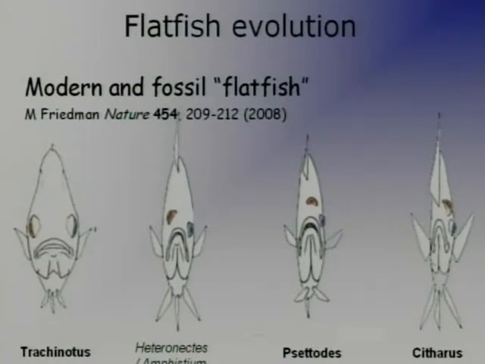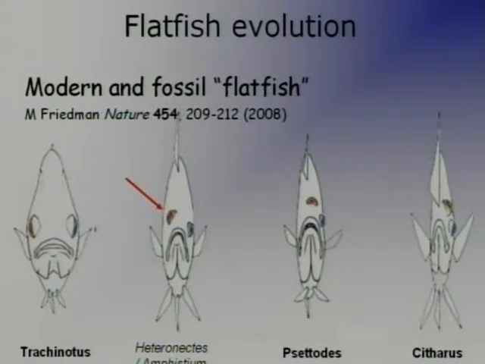There's Trachinotus, which is a living fish, on the left-hand side. There's the fossil Heteronectes. In fact, they had two different fossils which had the same features. They're both given there. One is Amphistium. And then you've got Testudinus and Cytharichthys, which are living flatfish.